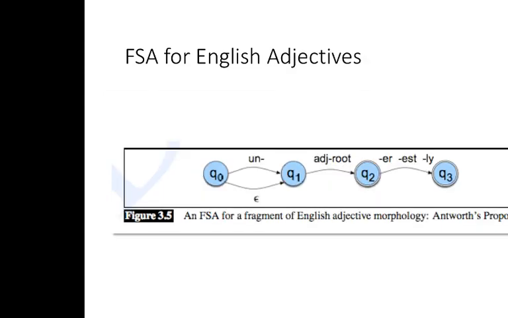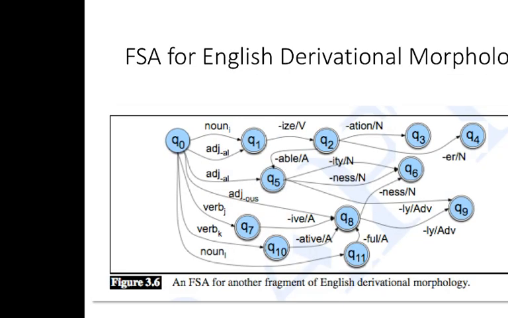And similarly, we can do this for English adjectives. In fact, we can do the same thing for all of the derivational morphology of English, at least a fragment of it. And you end up with something like this.